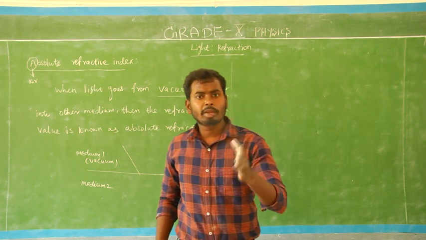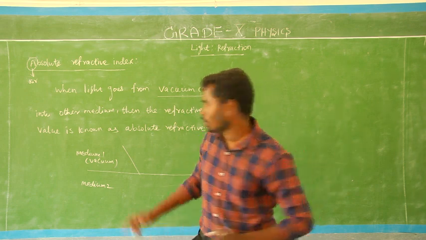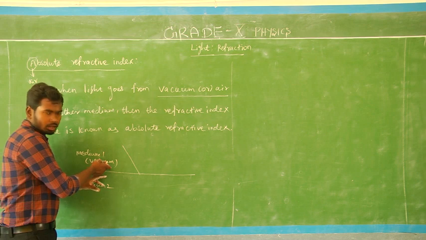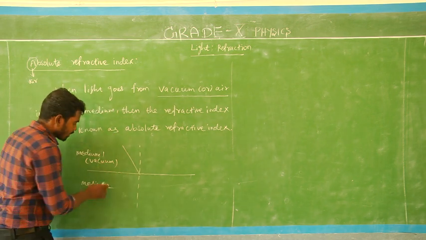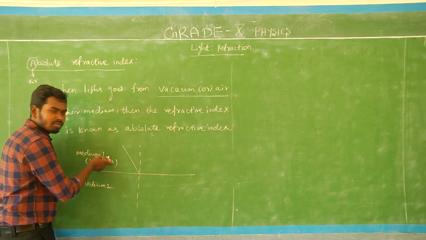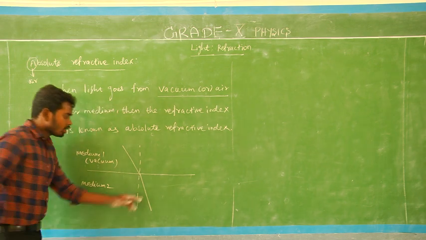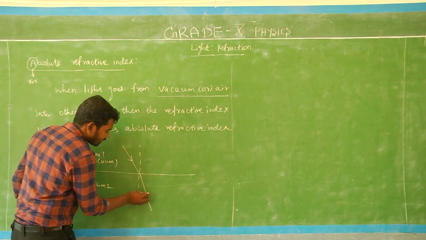So light speed is maximum in only vacuum or air. Is that understood? So when light goes from vacuum into other mediums, it slows down, so the refracted ray moves towards the normal like this. This is the incident ray, this is the refracted ray.